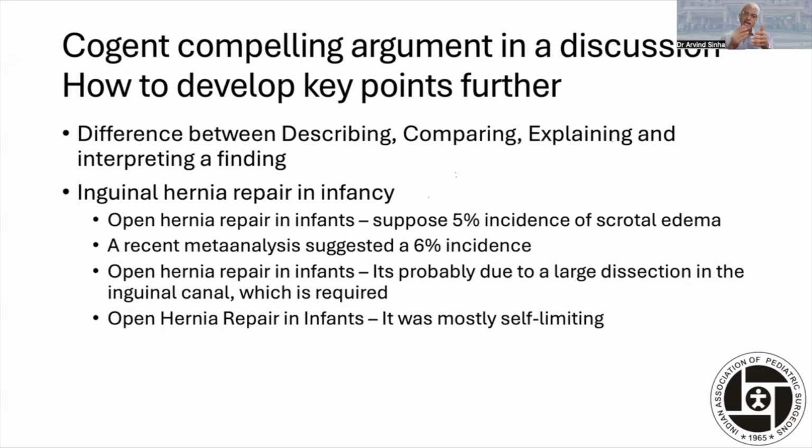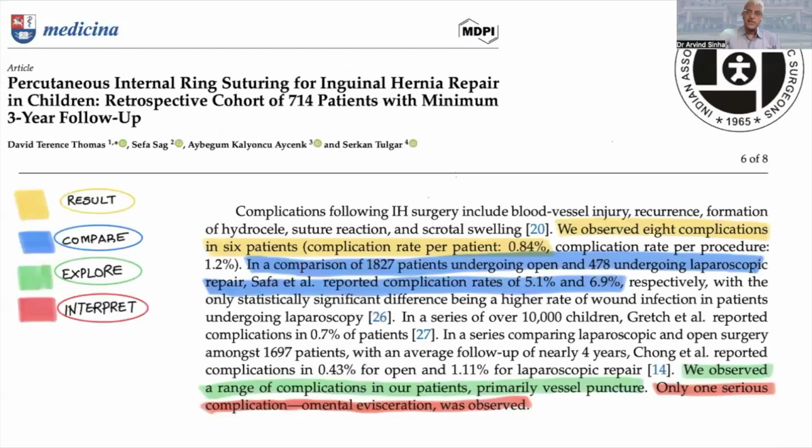The third line you might write is, probably due to a large dissection in the inguinal canal, which is often required. That's the explanation of the result that you have got. And the fourth point could be the interpretation: it was mostly self-limiting, resolved in 24 hours, right? So that could be the way to develop the key points further.